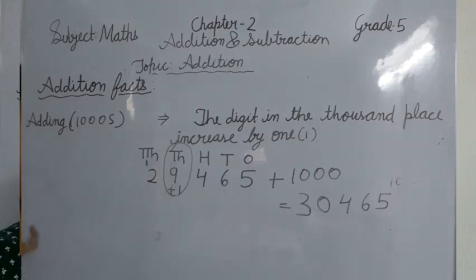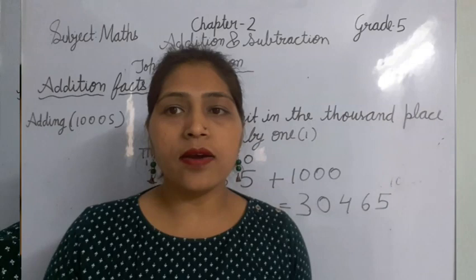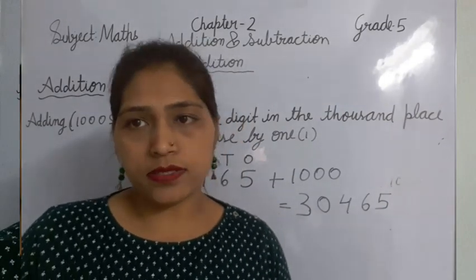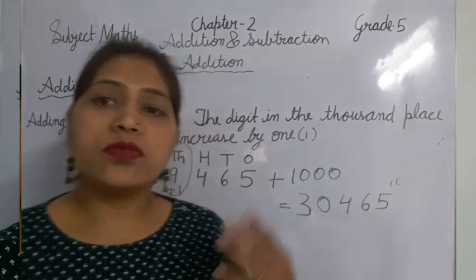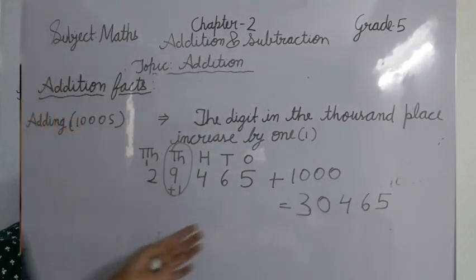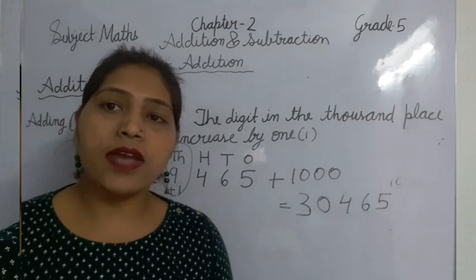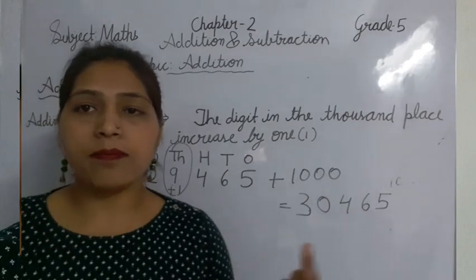The same way, what happens when we add 10,000 to any number? That time we have to increase the digit on the 10,000's place by 1. Same with the lakh and so on. So in this way these are the facts for addition. What happens when we add tens? That time we have to increase the tens digit by 1.